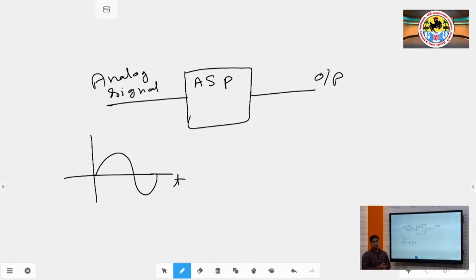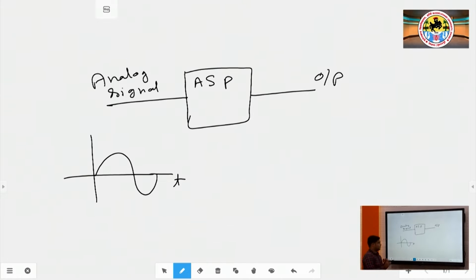The processing of analog signals is very complex, and an analog processing system has a physical structure of very large size, while a digital signal processing system has a very small size. ASP analog signal processing systems are not very flexible, and DSP systems are more flexible.